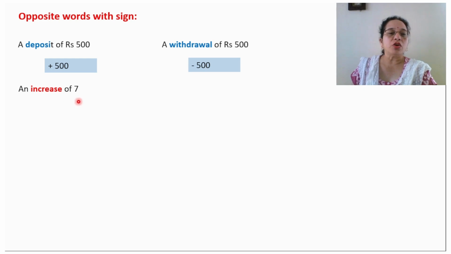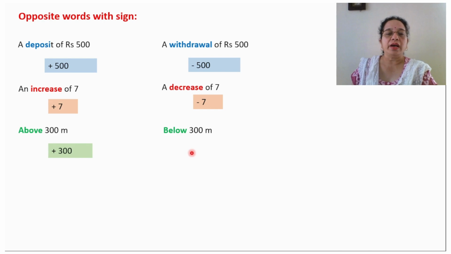An increase of 7, opposite of increase is decrease. So a decrease of 7. Again, increase is plus 7 and decrease means minus 7. Above 300 meter, opposite of above is below. So below 300 meter, how will you write it as an integer? Plus 300 and below means minus, so minus 300.